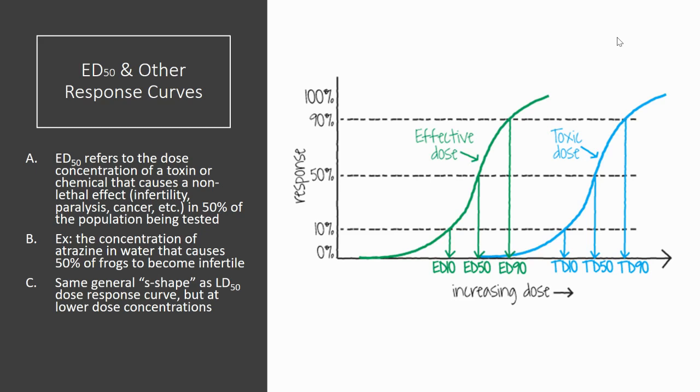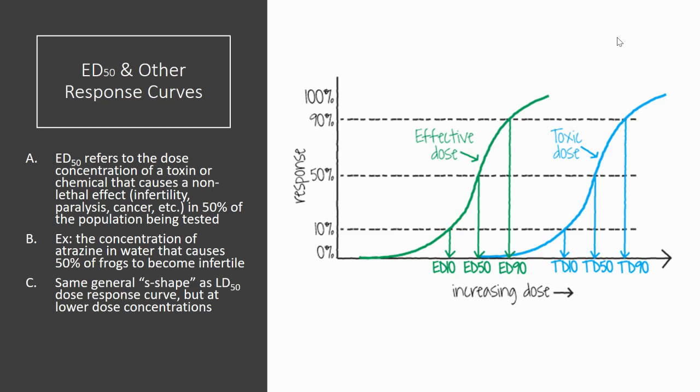A good example of that is actually a case study. I know we didn't talk about it in class, but a classic case study is the concentration of atrazine, a popular pesticide that was once used and is still found in water because it's very difficult for it to break down. Frogs are highly affected by concentrations of atrazine, and we can see 50% of frogs become infertile at specific doses of atrazine exposure.